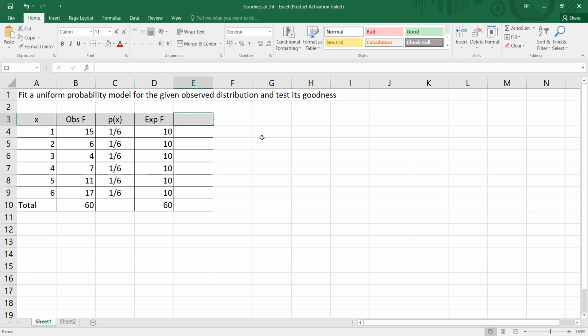The formula for computing chi-square is: chi-square is equal to the summation of (observed frequency minus expected frequency) whole square, divided by expected frequency.